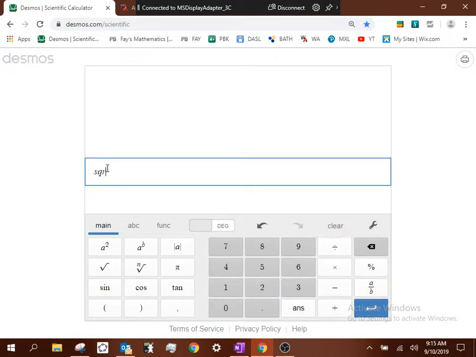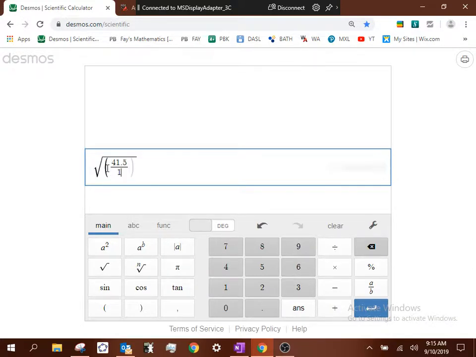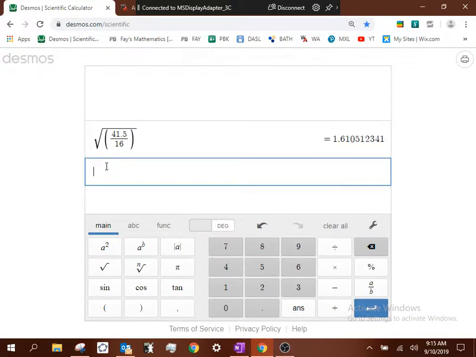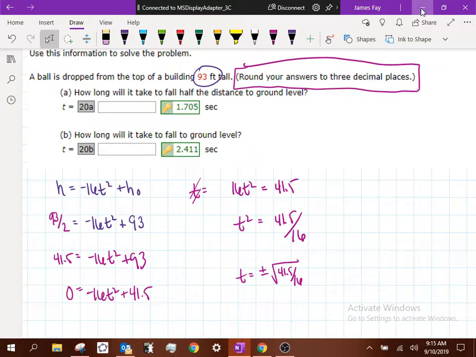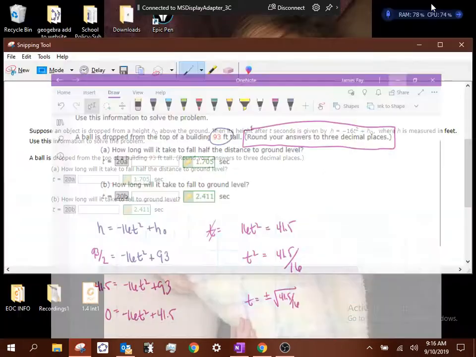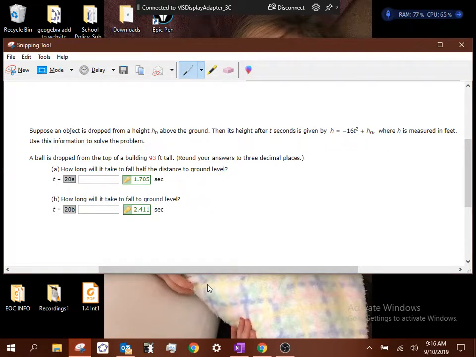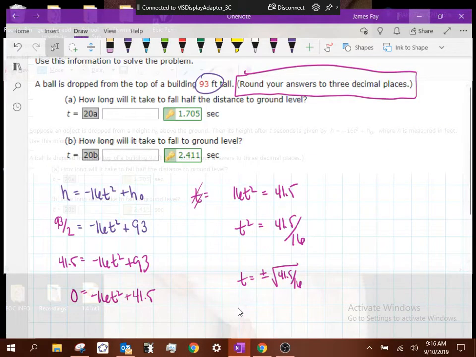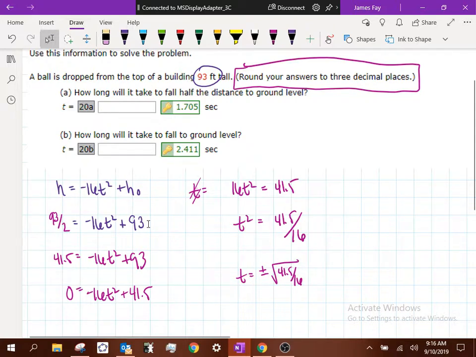So we had the square root of 41.5 over 16. I get 1.6105, so 1.611. Be that right? 93 over 2. I'm an idiot. It's not 41.5. That's 83.